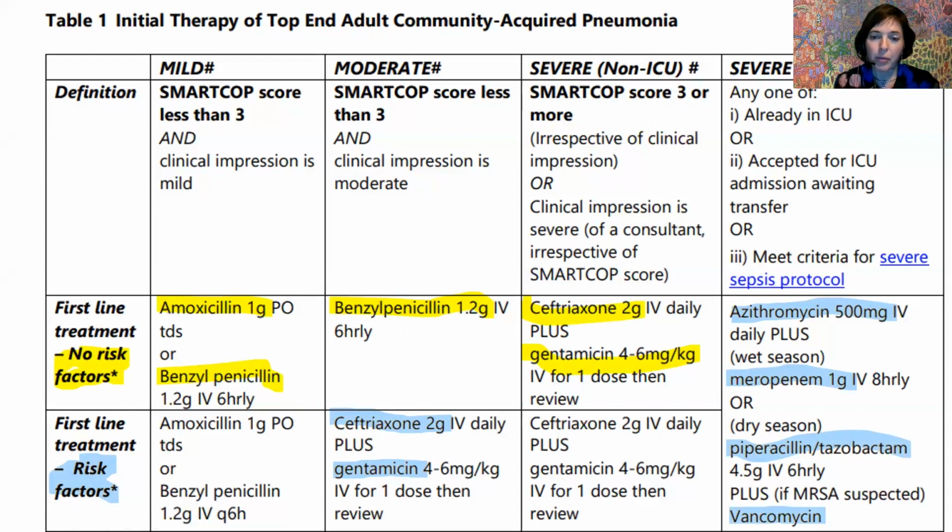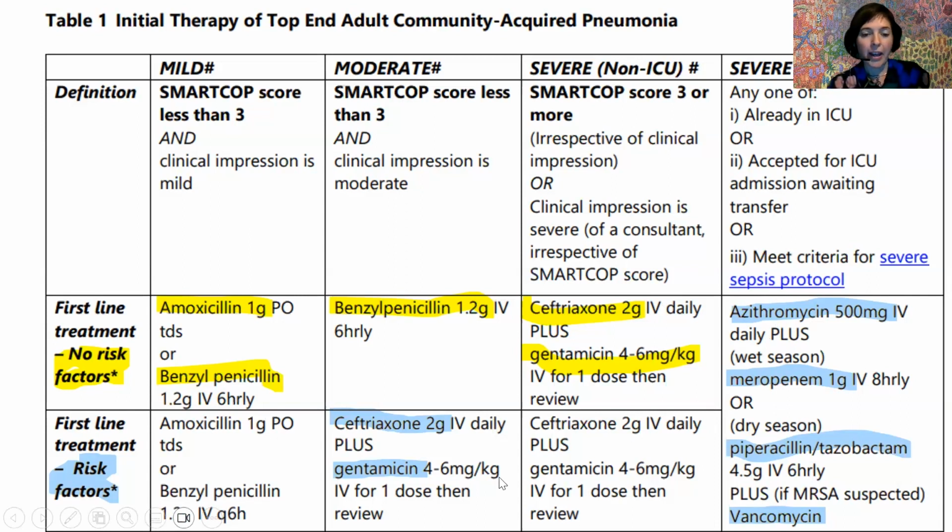Even with the much wider use now of multiplex PCR on respiratory samples, which really gives us a better picture of what the burden of Mycoplasma, Chlamydia and Legionella infections is in the Northern Territory, we really don't see very much atypical infection. So for that reason, in our guideline it's considered optional. It's up to the physician caring for the patient whether they feel it's appropriate to add in doxycycline or not, until you get to the severes, in which case azithromycin is included in the regimen.